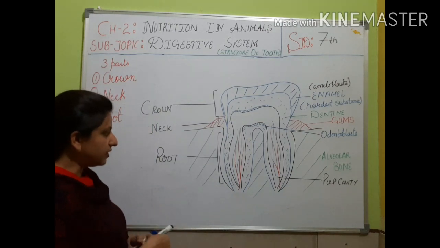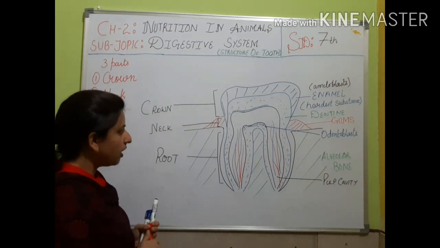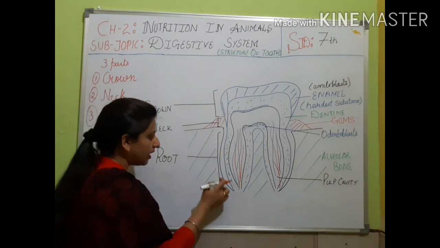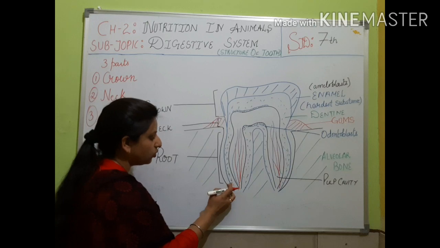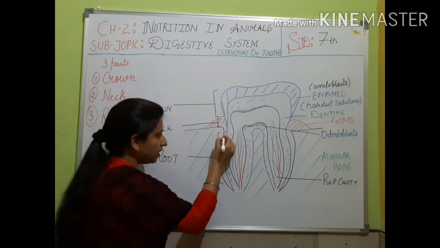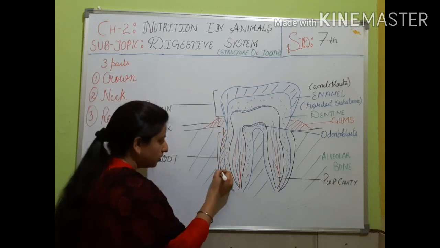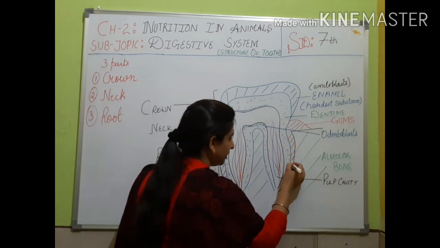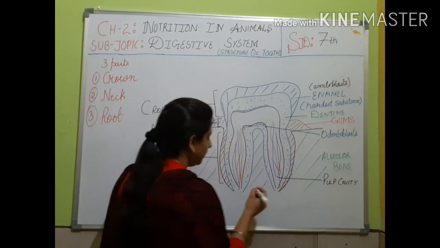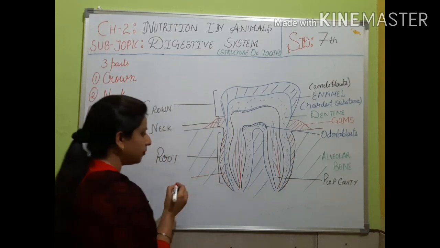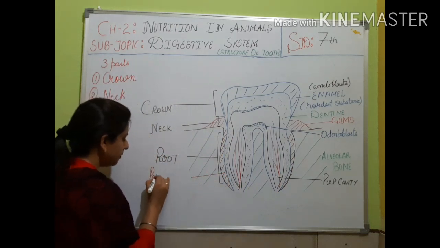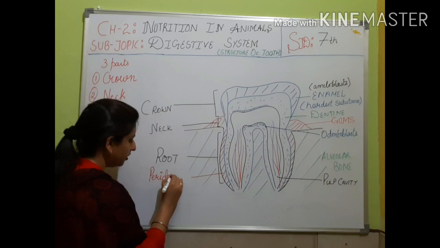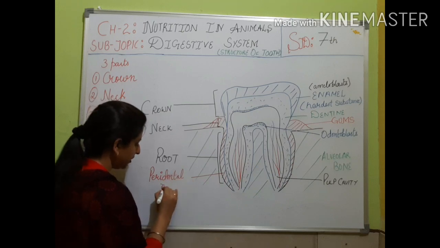One more part is there, as you can see the black line and the blue line. The part which is between the bone and the tooth has a special membrane called the periodontal membrane.